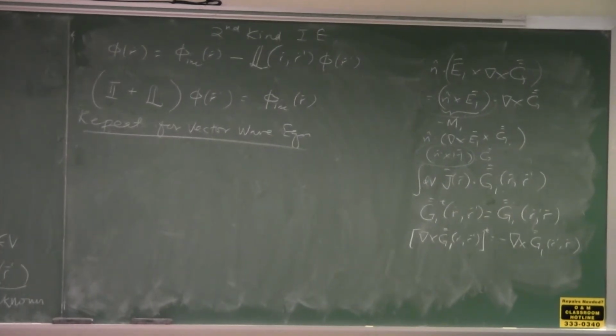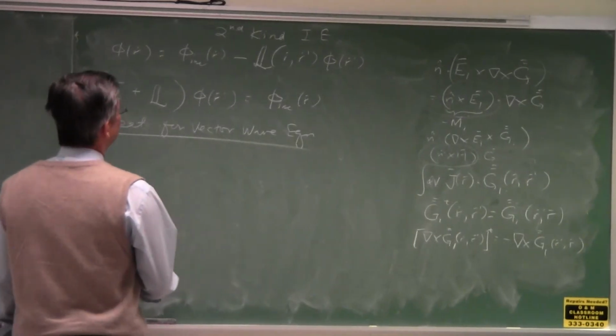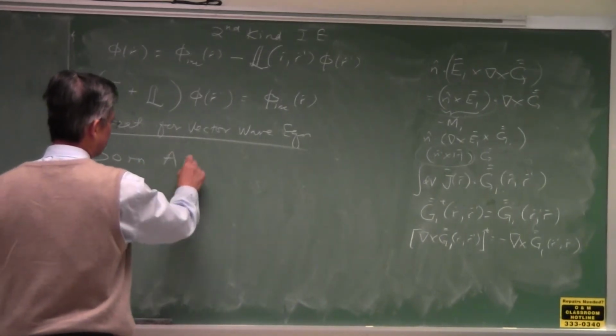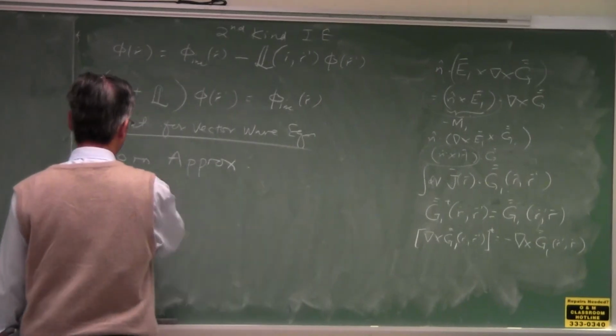Then if you have an integral equation like this, like what we have over here, there's something called a Born approximation, which is quite well known.